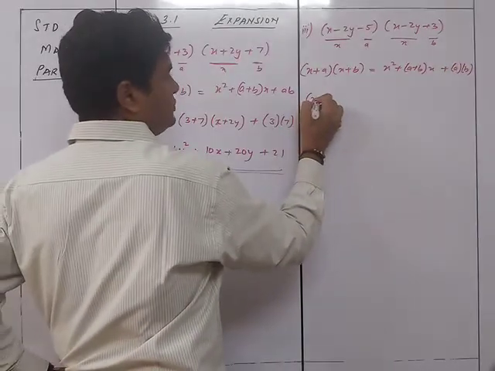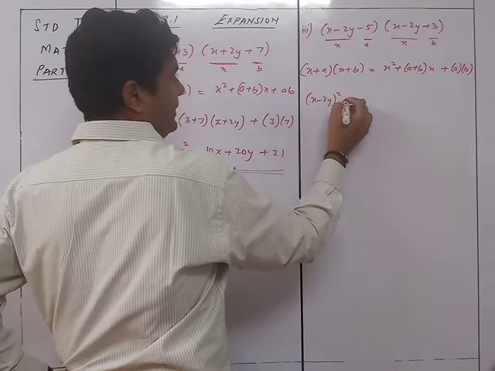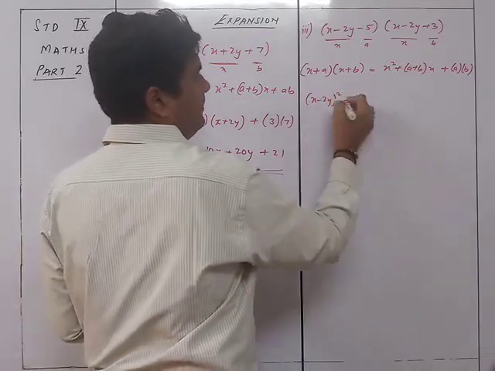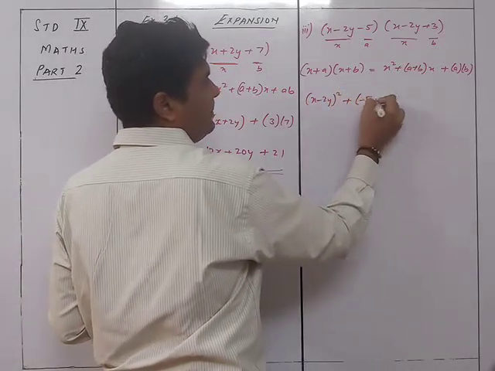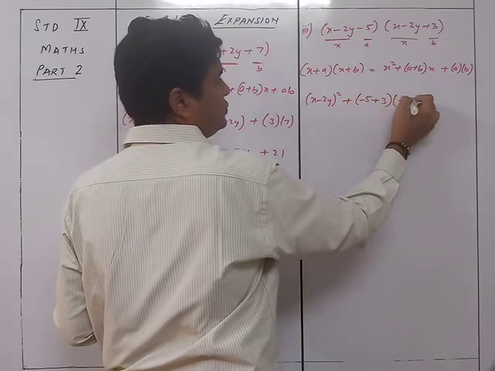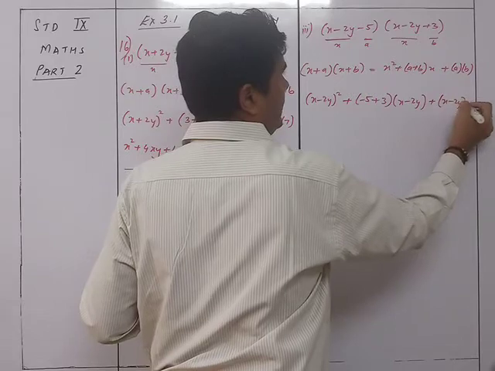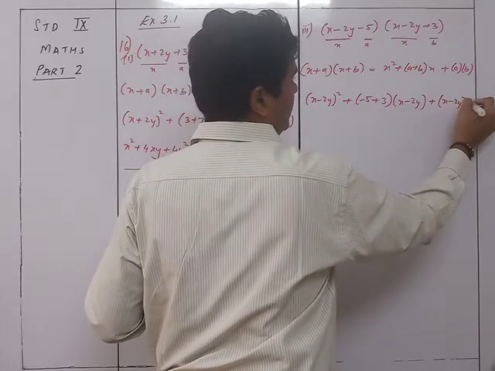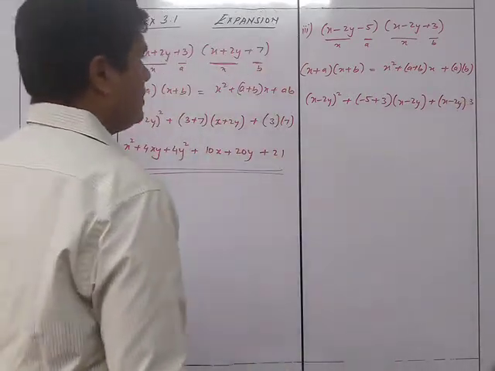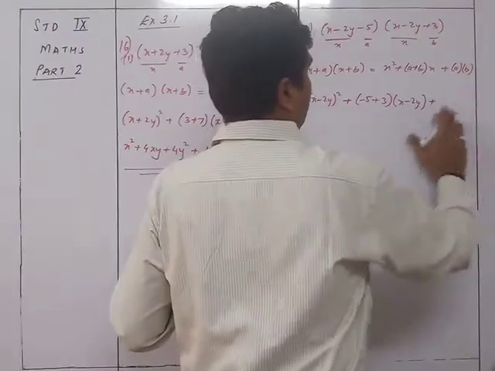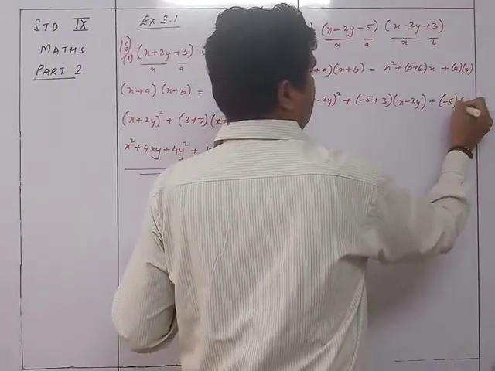So this will be (x - 2y) the whole square plus (-5 + 3) into (x - 2y), plus, sorry, (-5) into 3.